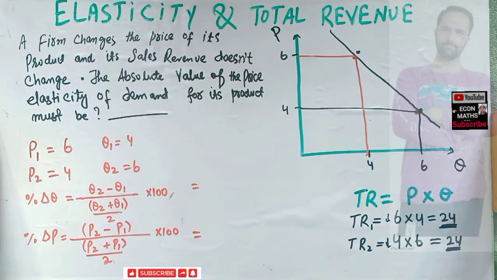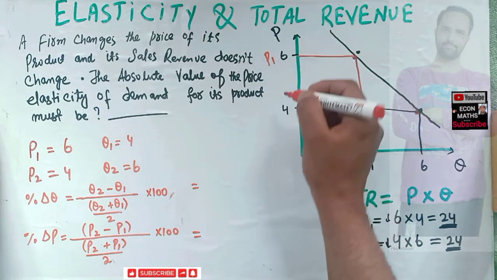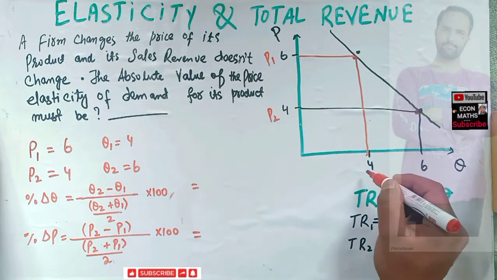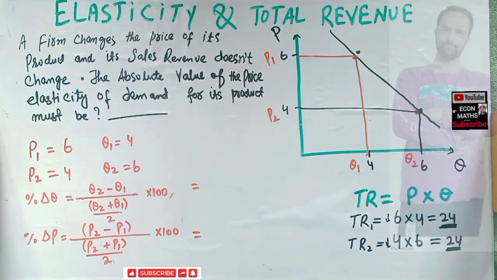Now we need to see what is the elasticity of demand in absolute terms. We can use the midpoint formula for percentage. Let us say P1 was 6 and P2 was 4. This is P1, this is P2, this is Q1, and this is Q2. To calculate the price elasticity of demand, we use the midpoint formula here.